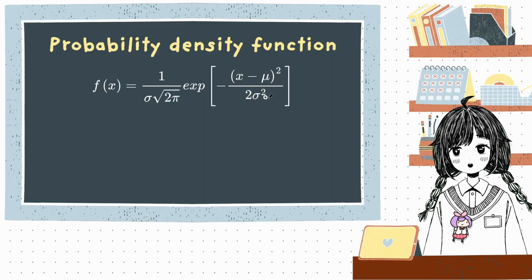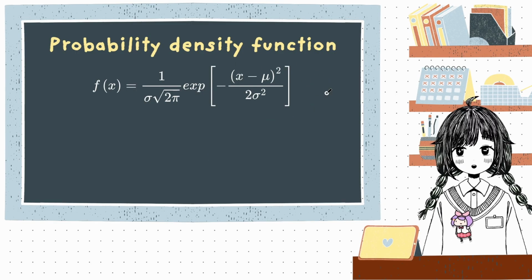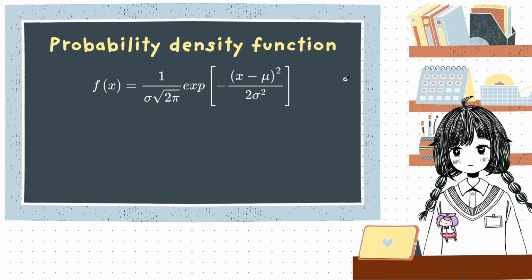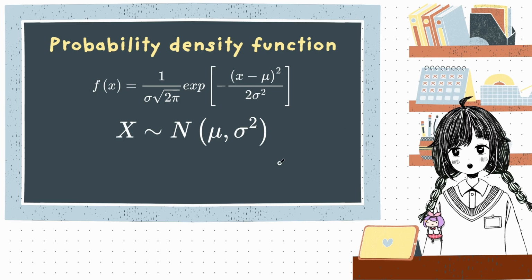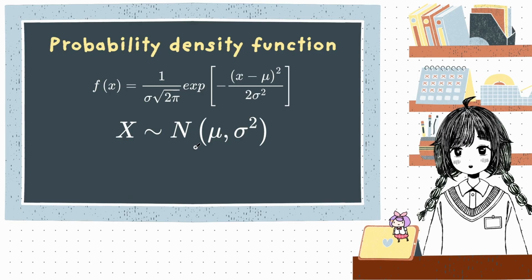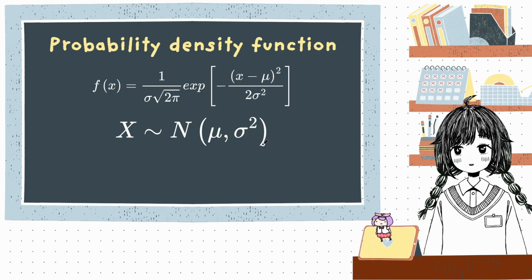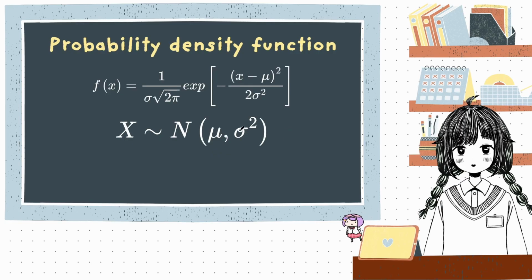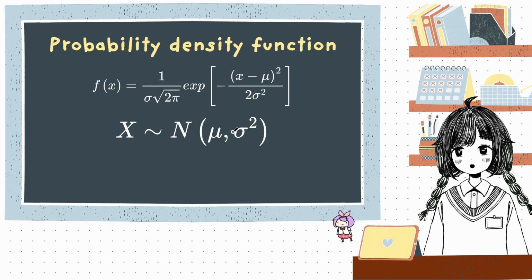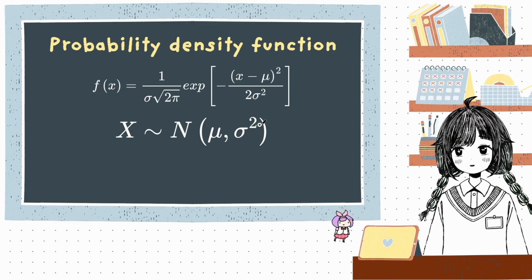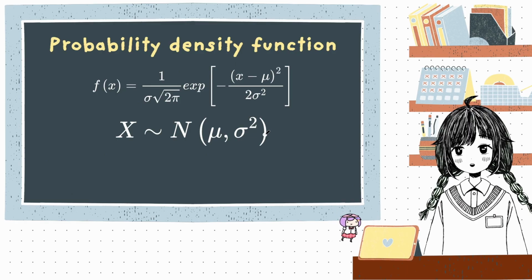Integrating this function to find probability is mathematically very difficult. The function depends on two parameters, which are the mean and the variance, or equally the standard deviation, and we rewrite this as x follows N of mu, the mean, and sigma squared, the variance.